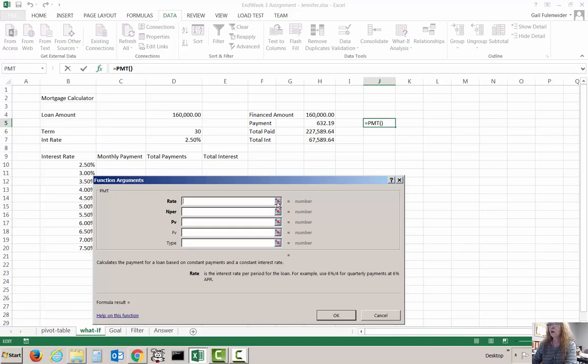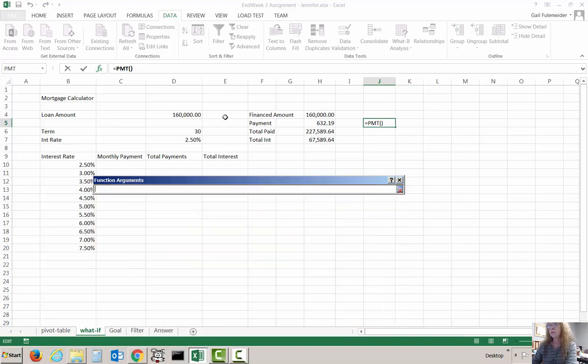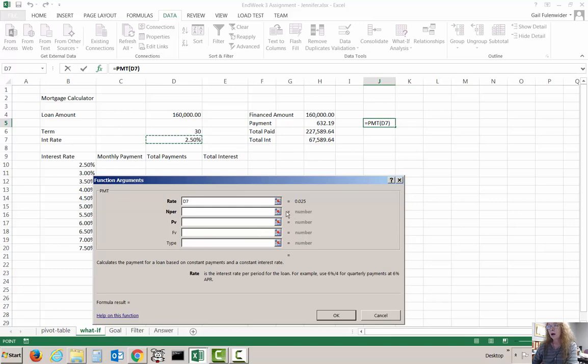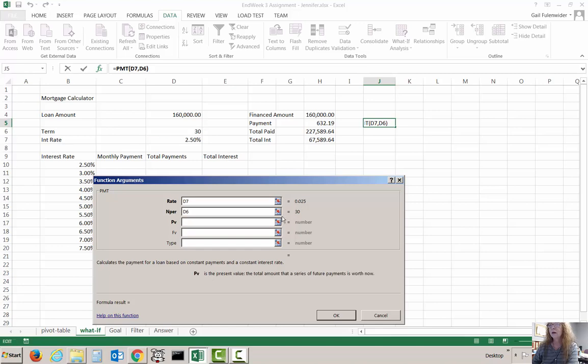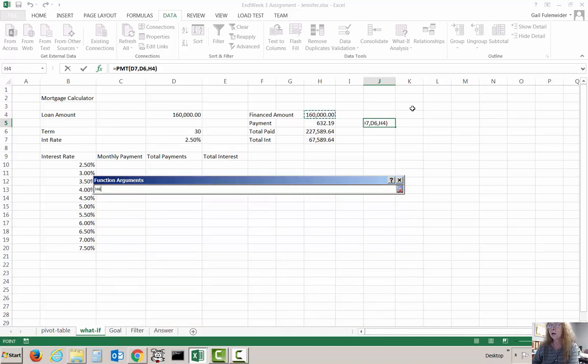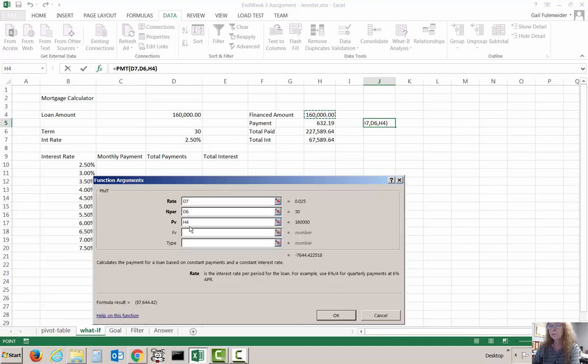Okay? I have my rate. I have my term or number of payments, and we're going to have to go back and fix that in just a little bit. And then what is the amount that I'm working with?